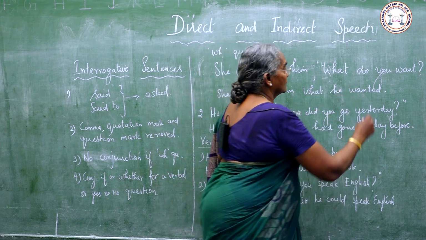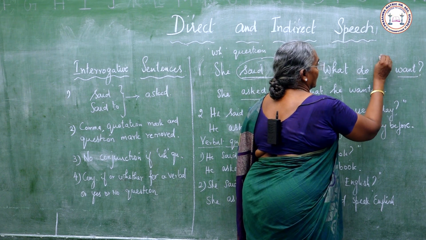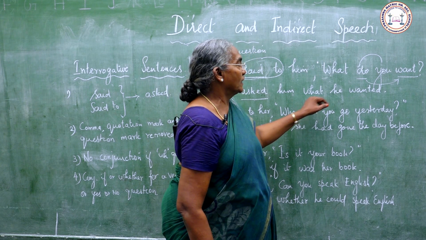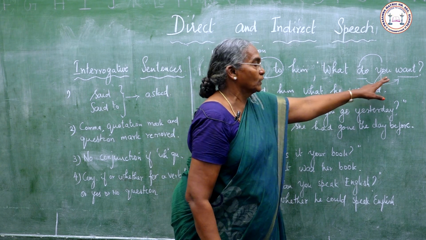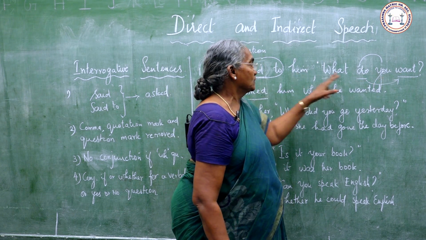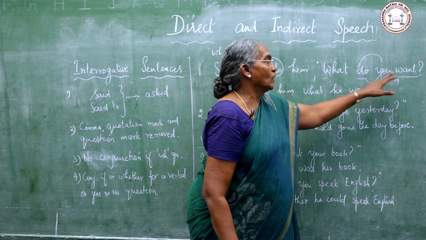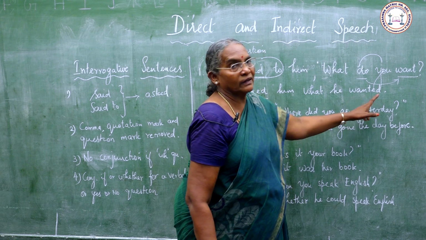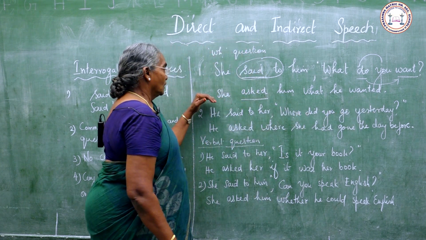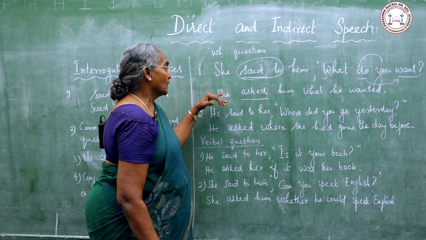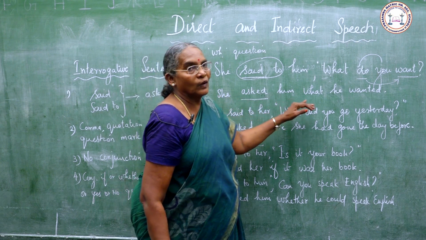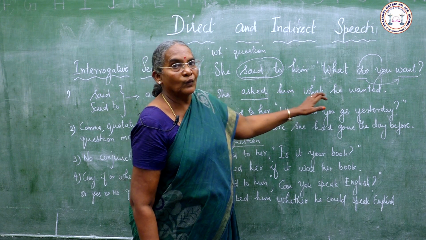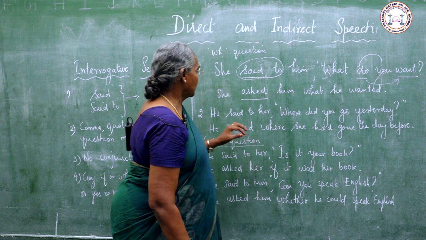What. Here see, do want. What refers to the thing, you refers to him. So he do want will become did want, so wanted. What he wanted. Let me read the sentence again. She asked him what he wanted.